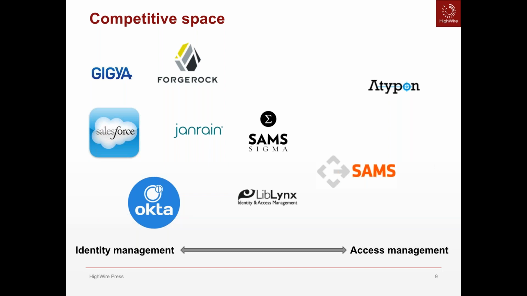And there on the right-hand side, we've got the traditional access management systems that do offer that flexibility, but actually, from what we've found, these are generally quite large legacy systems that are not providing an ongoing roadmap of enhancements, and they're far more integrated into a publisher's ecosystem. So that's really where we see the sweet spot for SAMS Sigma.